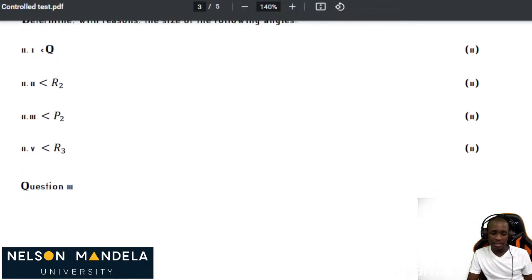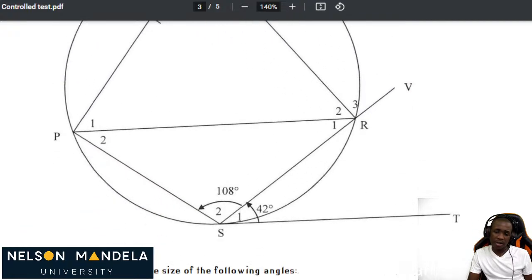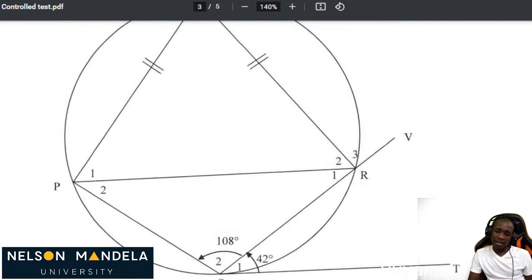Right. Now, what is our angle R3? Where is R3? Oh, yes, I can see our R3 here. So what can be our R3, guys? There are 3 ways in which you can determine our R3.